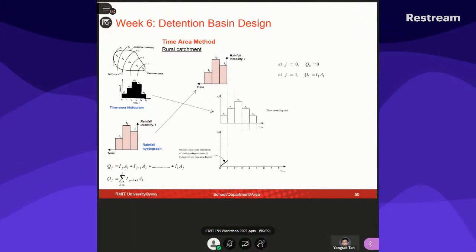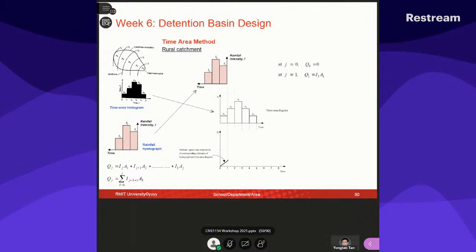This shows very clearly the steps of the time area method. At time t1, the contributing area is A1, and the intensity from 0 to t1 is I1.